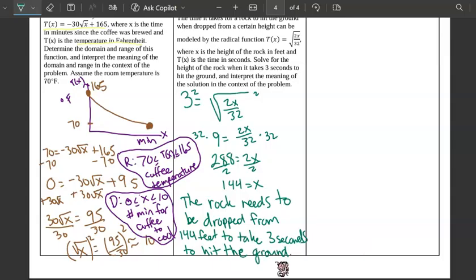Of course, this is ignoring air resistance and things such as that.